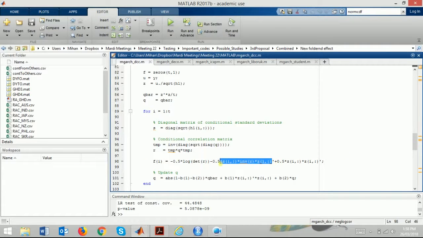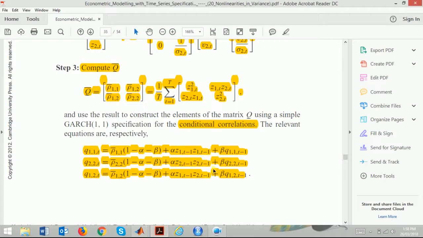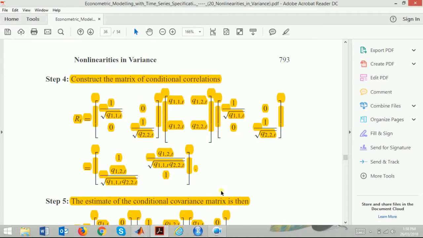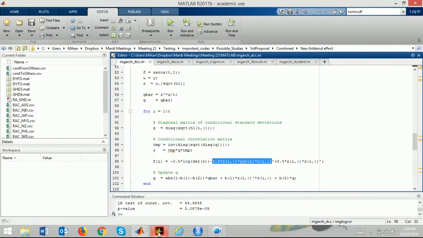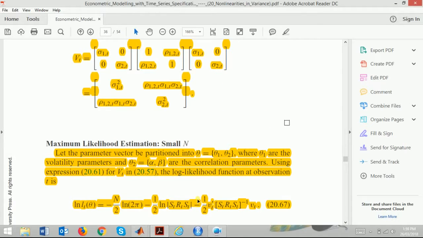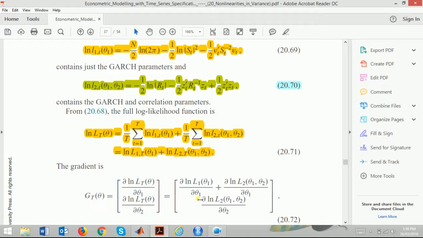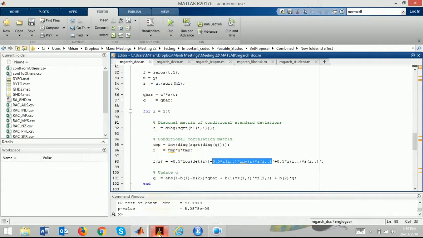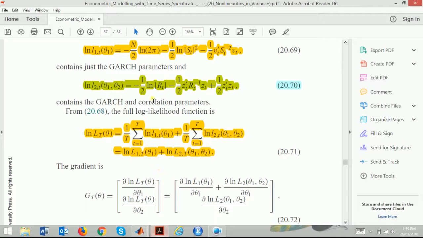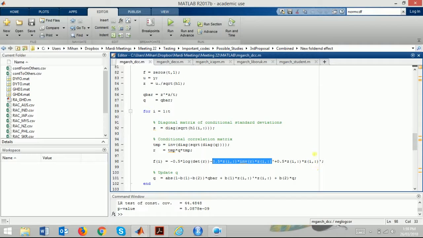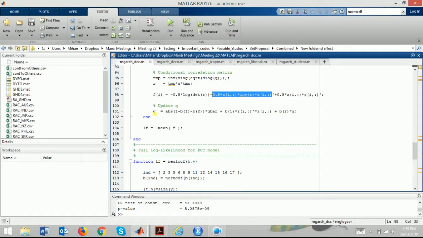The function is half log determinant of R, half Z inverse. So this is the decomposition with this equation, which one? Yeah, this one.